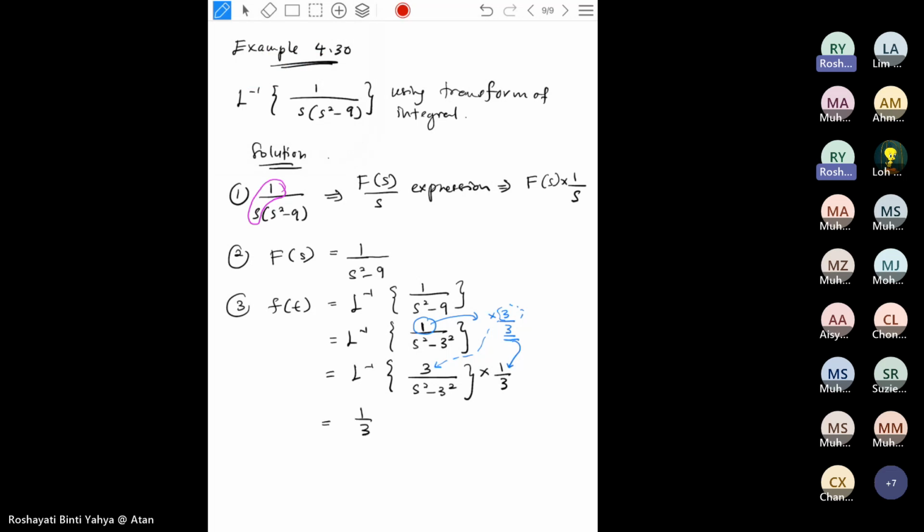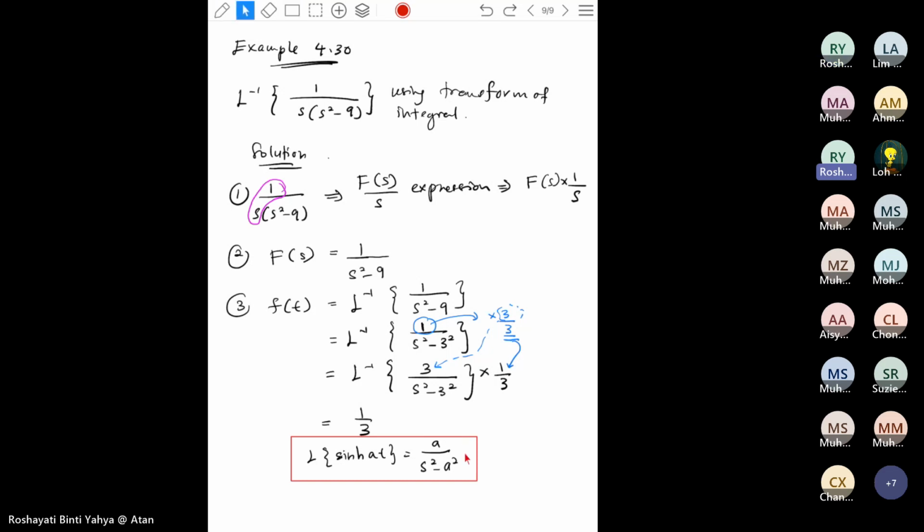1 over 3, look at the table. We have the inverse Laplace transform of hyperbolic sine at equal to a over s squared minus a squared. Am I right? Okay, refer to this.